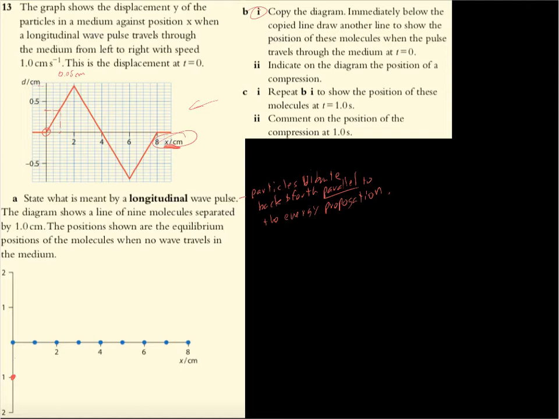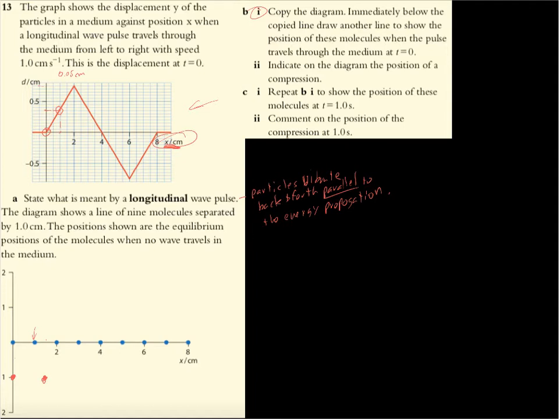Okay, so that's a positive value, which means it's going to be 0.35 centimeters. So not quite half a centimeter, so not quite halfway, but it's going to be just to the right of where it used to be. Okay, so this is that particle. When at rest, when the medium is not moving, it's there. But right now, because of the wave, it has a displacement of 0.35, so a little bit to the right.